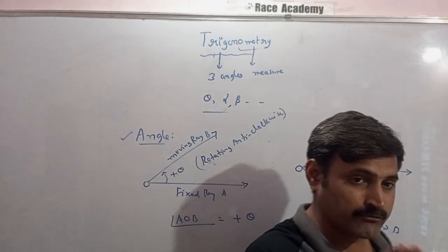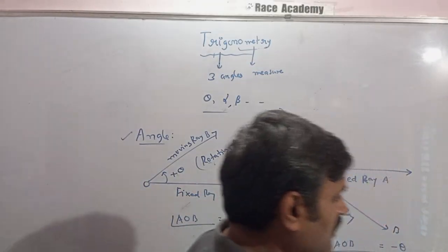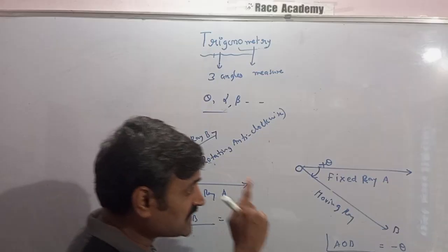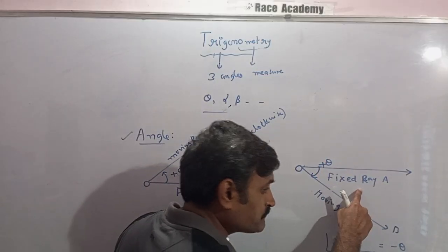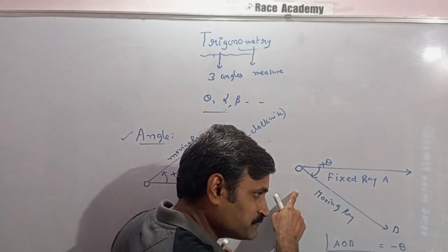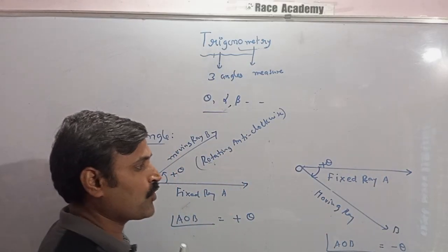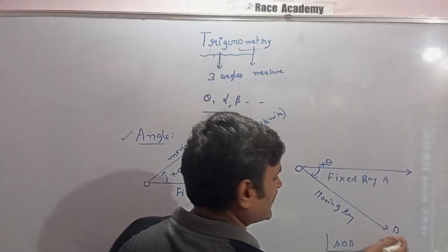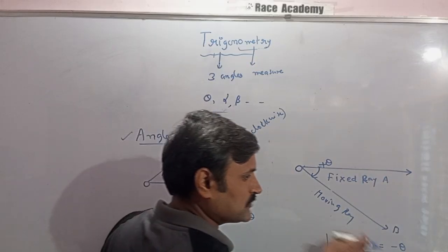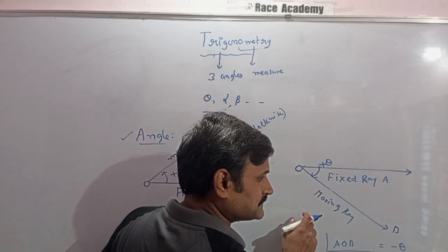That means the amount of rotation of the moving ray with respect to the fixed ray is now called an angle. And an angle is a figure formed by two rays, one is OA and another one is OB.